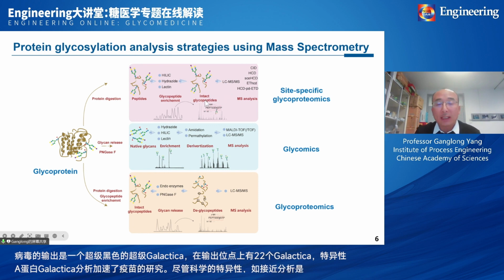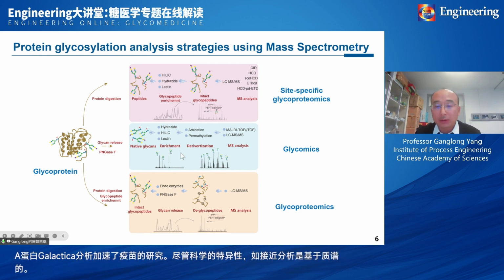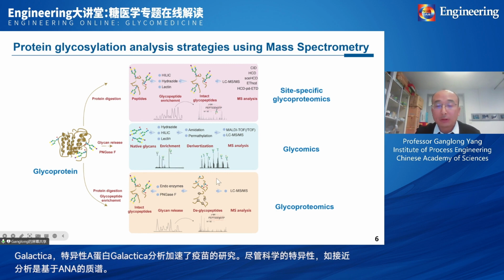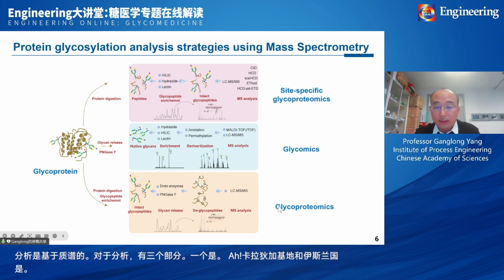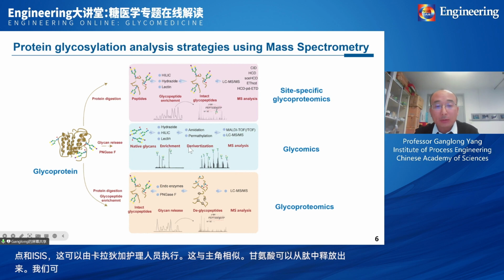For the analysis, there are three parts. One is glycosite analysis, which can be performed by glycoproteomics. It's similar to proteomics. The glycan can be released from the peptides, and we can analyze the deglycosylated peptides. The second part was mentioned by the previous professor.